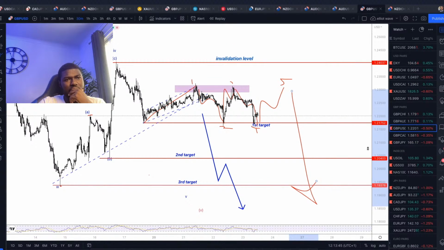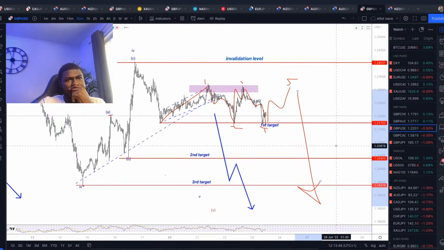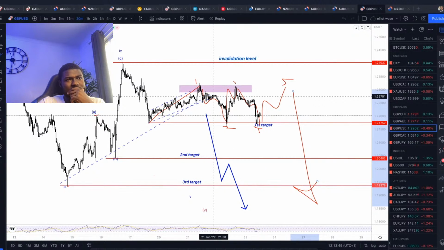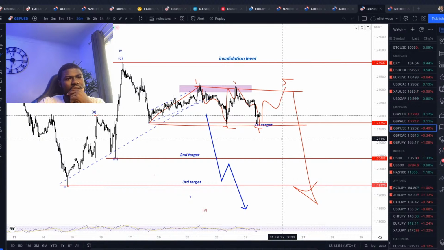But if that happens, that means what we are seeing is a triangle pattern, and ideally a triangle pattern should not be in wave 2. So I might not be going with this kind of count.